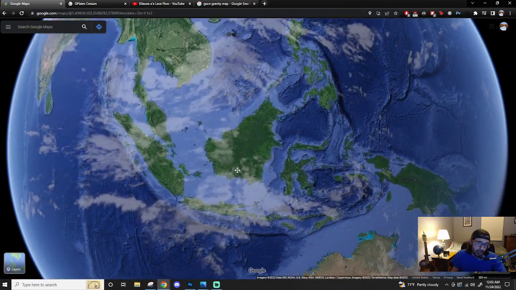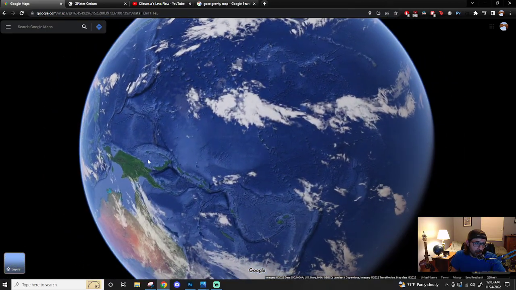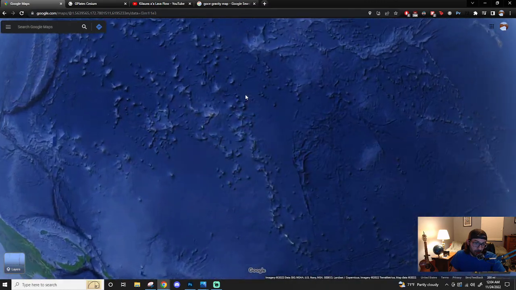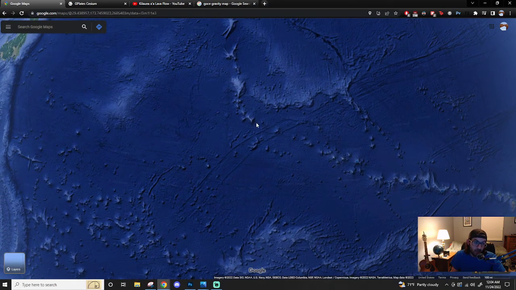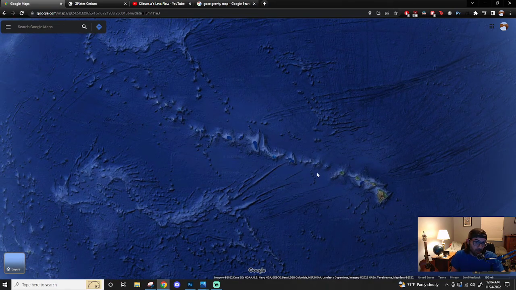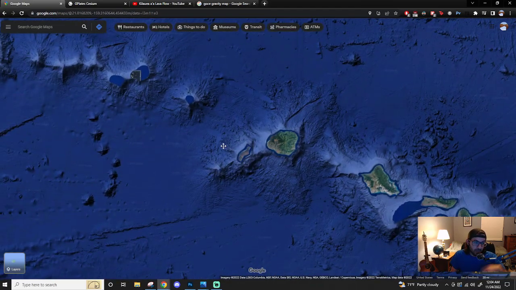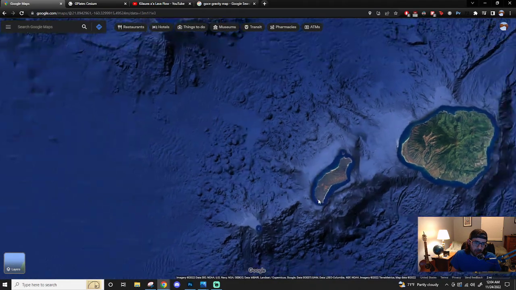But if that's the case, then all these islands, and just the islands throughout the Pacific, would at some point no longer represent continents, and instead would be representing these.